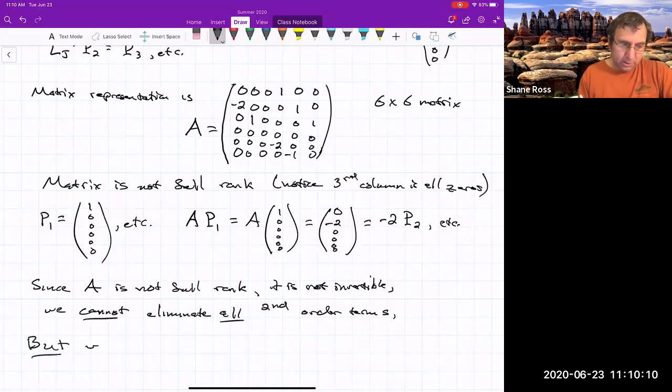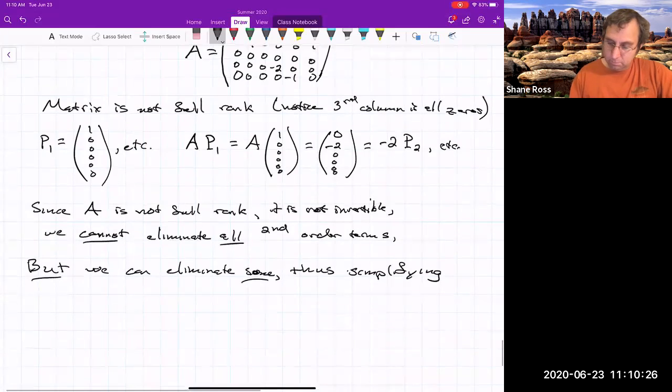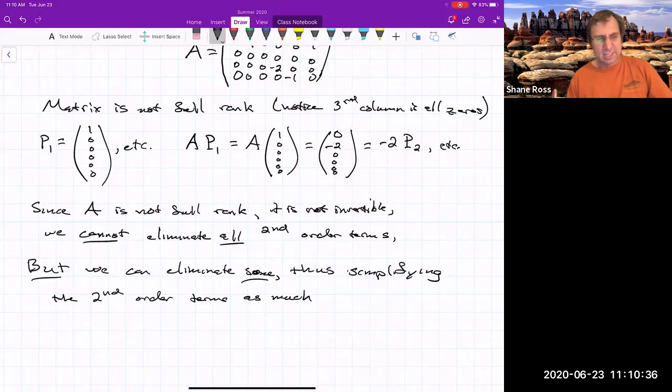So the silver lining is we can eliminate some, thus simplifying the second order terms as much as possible. What we're finding is the kind of second order terms that lead to topological equivalence of the original system.